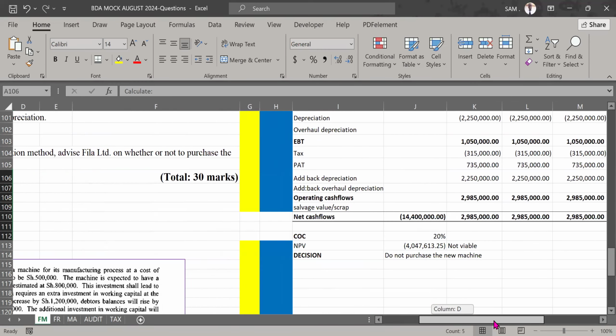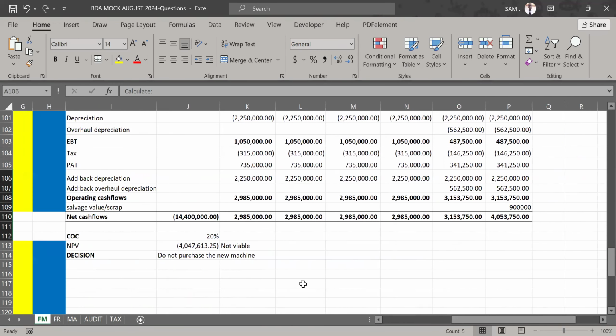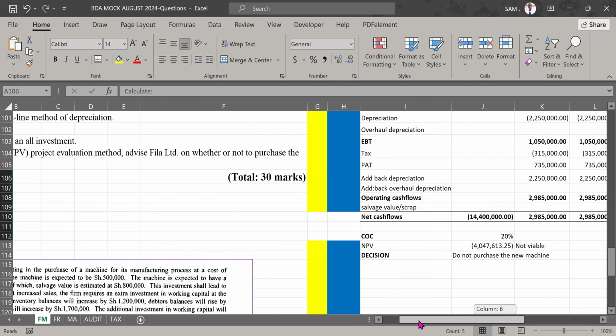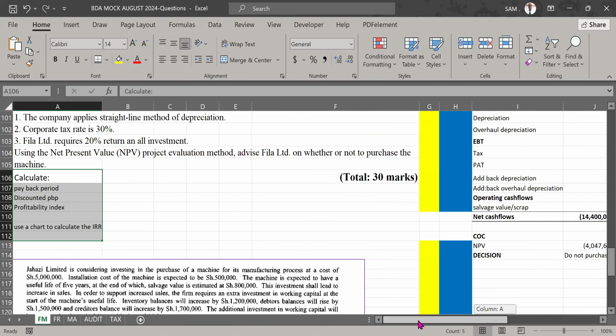How do you compute the payback period? And what is the difference between payback period and discounted payback period? Are we getting the difference? Then IRR. Use a chart to calculate the IRR. In fact, these payback period, discounted payback period, and profitability index, I think they should be very direct.